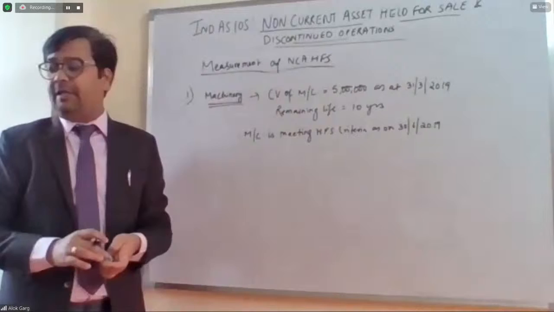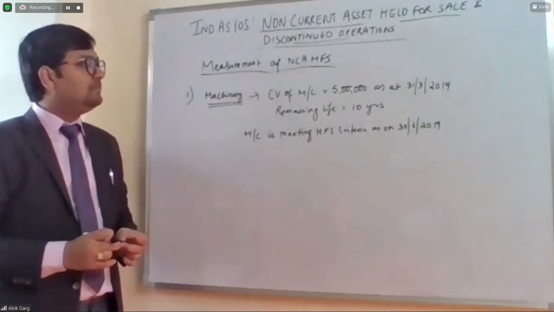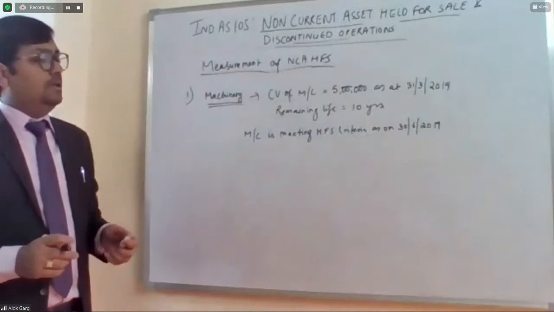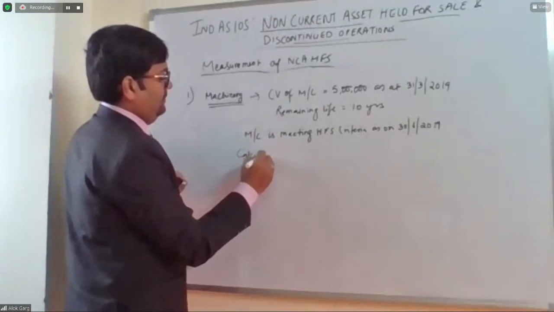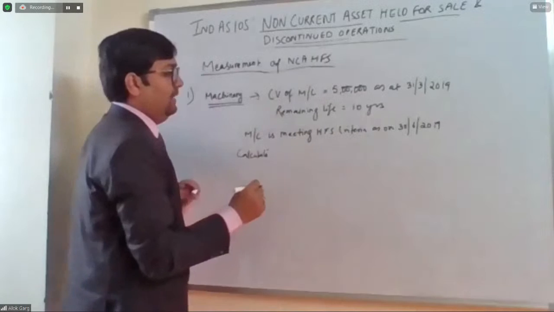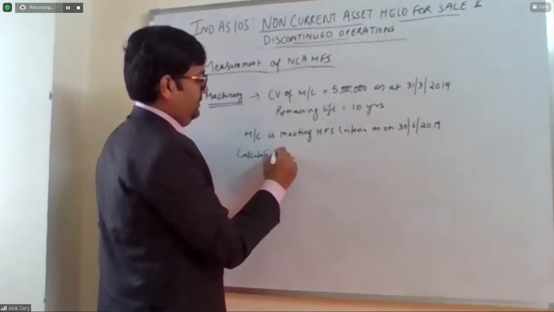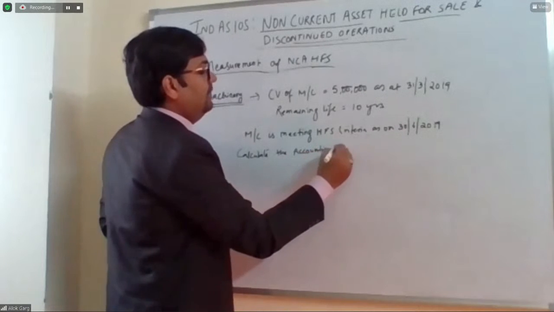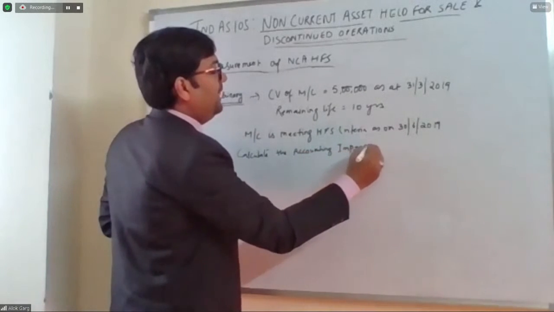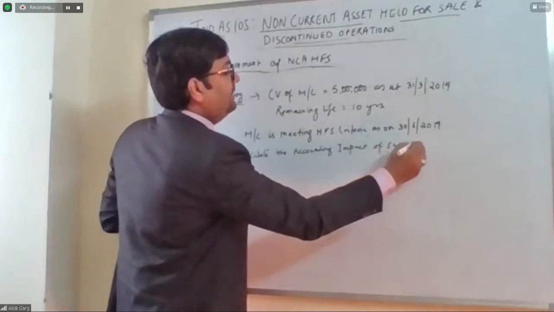As on 30th June 2019. Okay. So calculate the accounting impact. Calculate the accounting impact of such event.